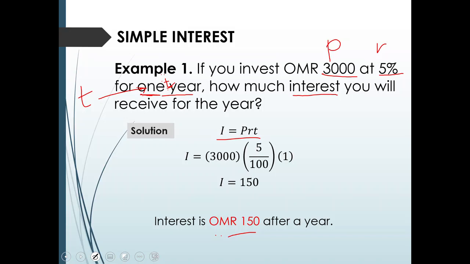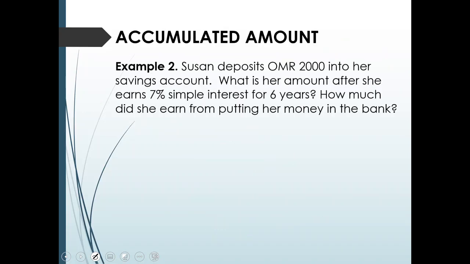Let's have more examples. Example number 2. Susan deposits 2,000 into her savings account. What is her amount after she earned 7% simple interest for 6 years? How much did she earn from putting her money in the bank? So there are two questions here, but let's identify the given. The 2,000 Susan deposits, in the beginning, this will be the principal.